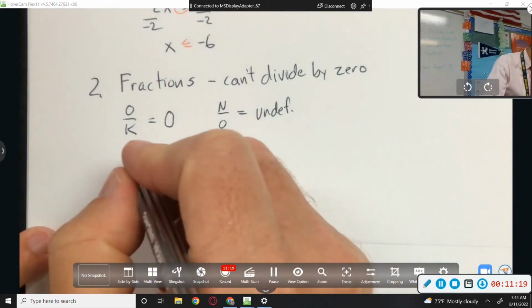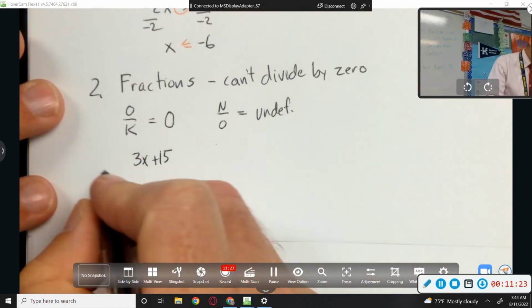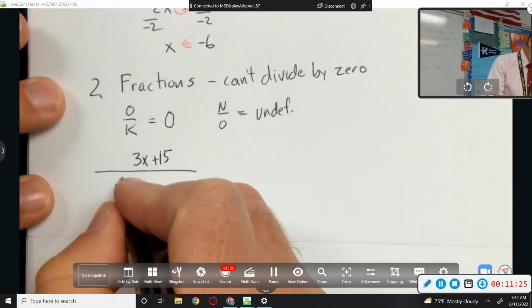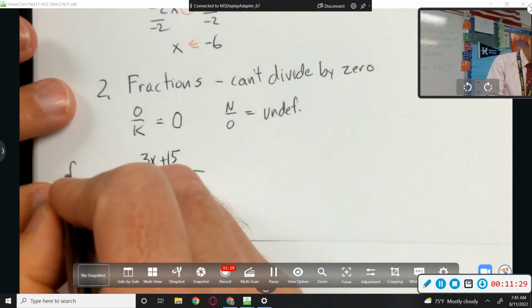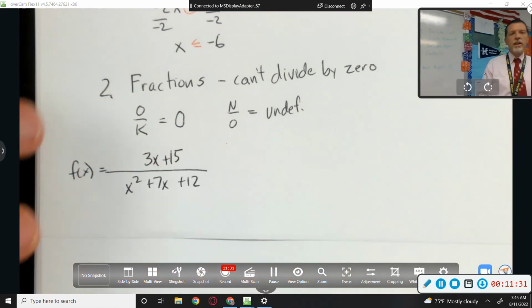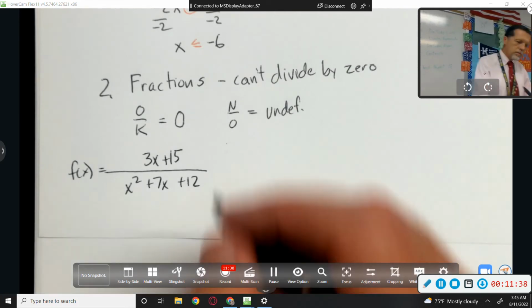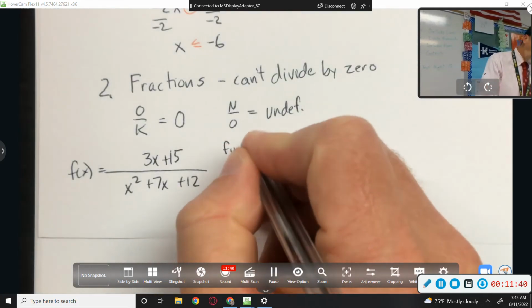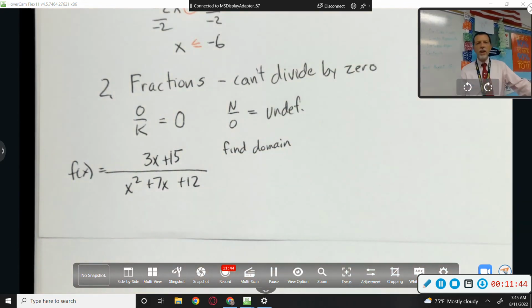So let's look at an example. 3x plus 15 over x squared plus 7x plus 12. I guess we'll make it a function, so f of x equals all of that. And our job is to find the domain.